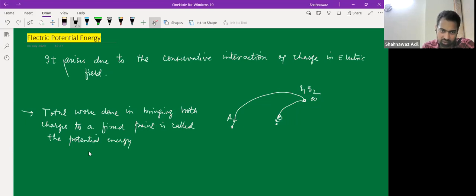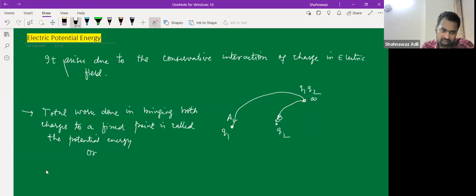Okay, or we can also say that we have taken this Q1 charge and Q2 charge from infinity and we have brought them here. So this is making a system, right?